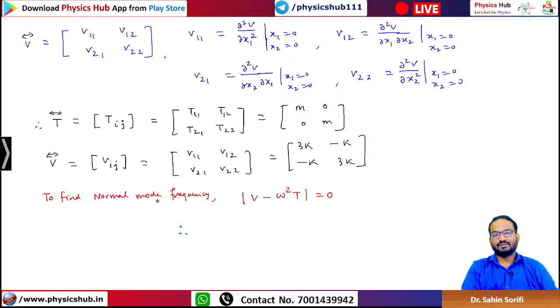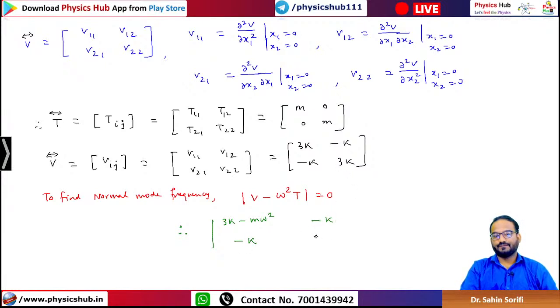So we have this matrix V as 3k, minus k, minus k, 3k, and omega square T becomes m omega square. So 3k minus m omega square, and this is only minus k. Yeah, this is only minus k.